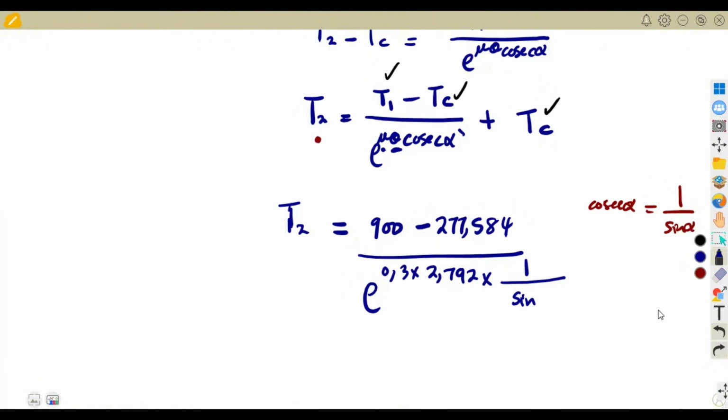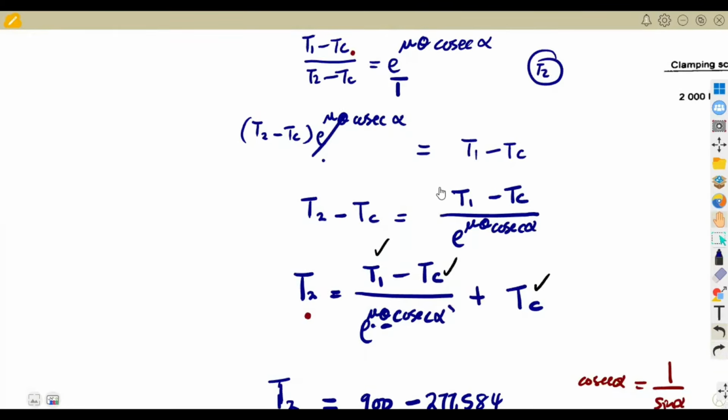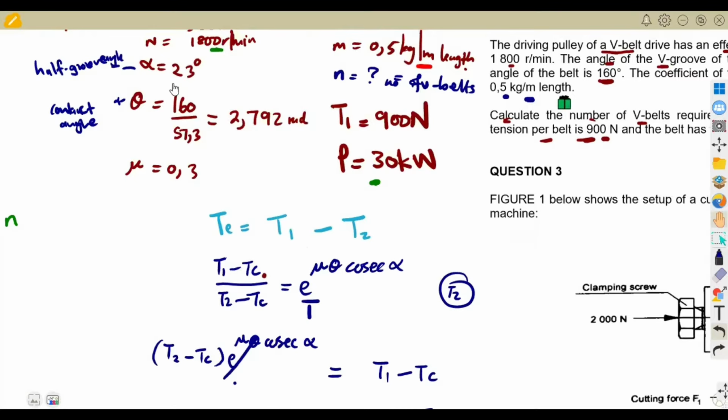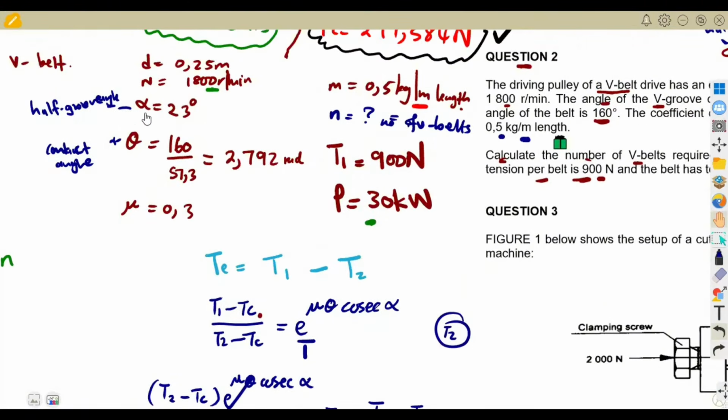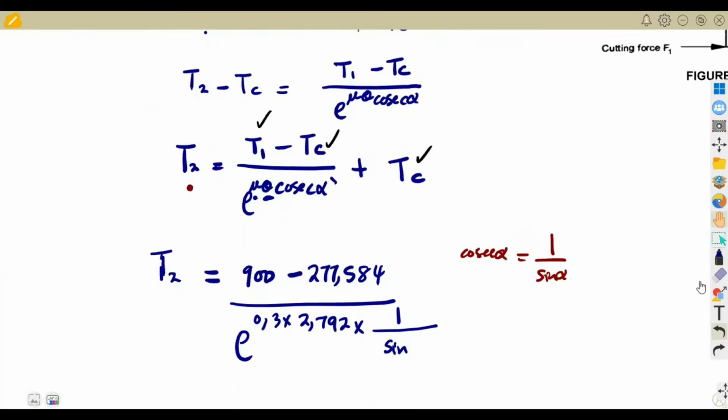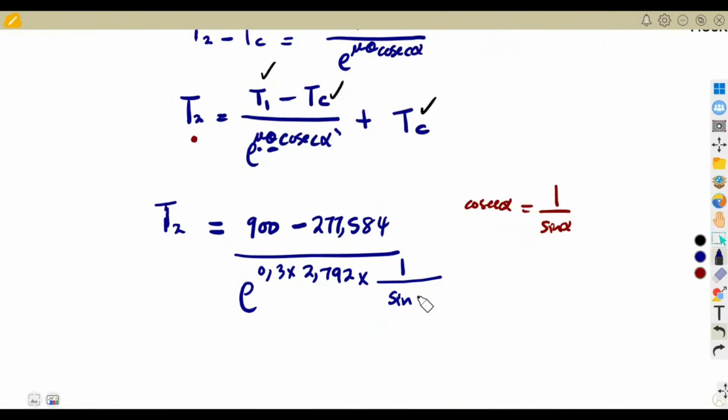It's 1 over sine. Remember, I said this is taken in degrees. You take it in what? In degrees. So meaning to say here, we got 23 degrees. Remember, it's the half groove angle. That's why we divided by 2. 46 divided by 2, and we got what? 23. So this is sine 23 degrees.